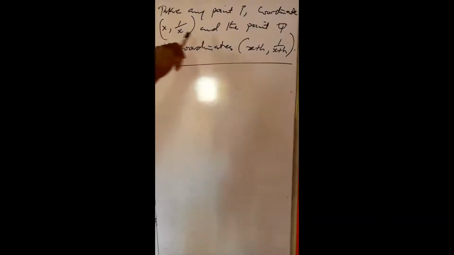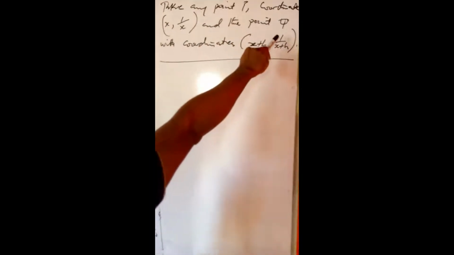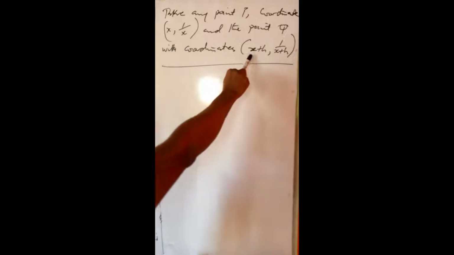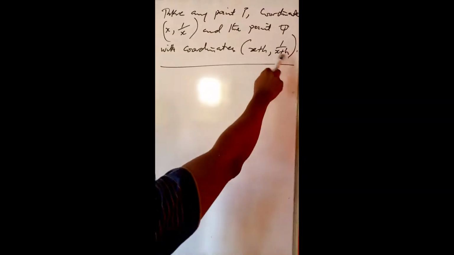So we all know now that we take any point P, with coordinates x, 1 over x, and the coordinate of Q is x plus h, 1 over x plus h.